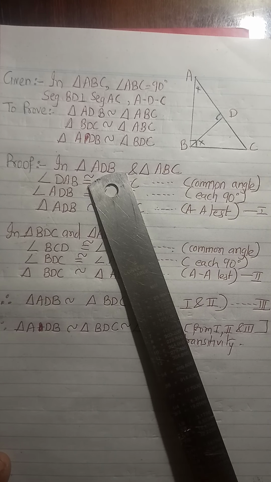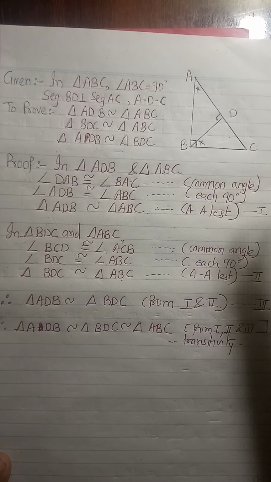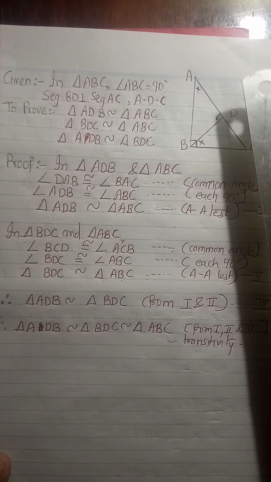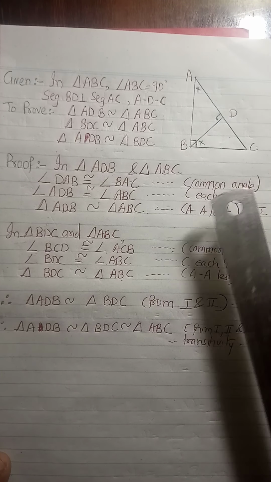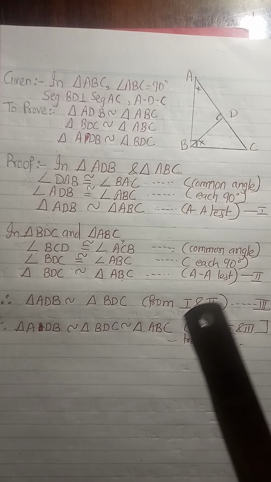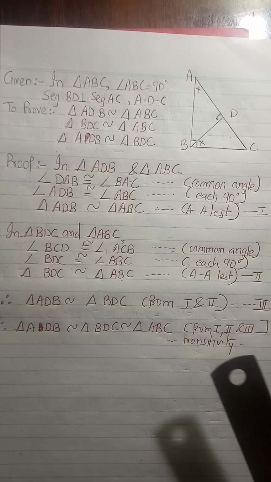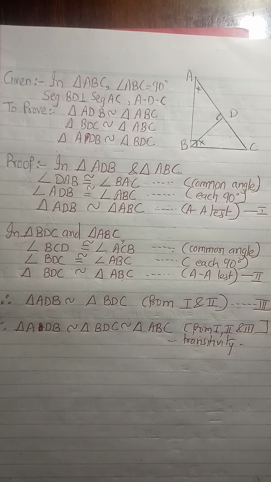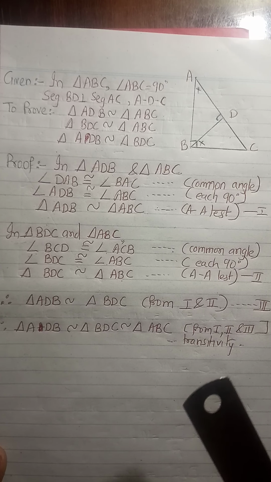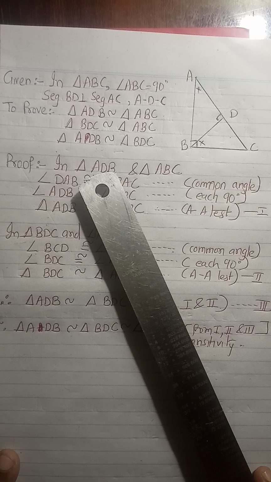Consider triangle ADB and ABC, one of the smaller triangles and the bigger triangle. While writing the names, you have to be very careful that the names are written in one-to-one correspondence. If not, you may not get the appropriate answer. What does one-to-one correspondence imply here?